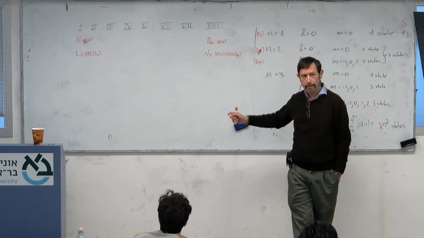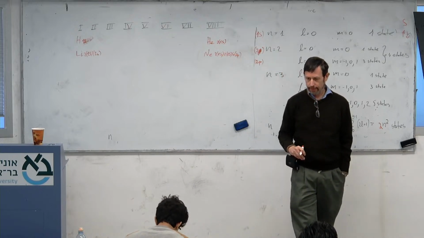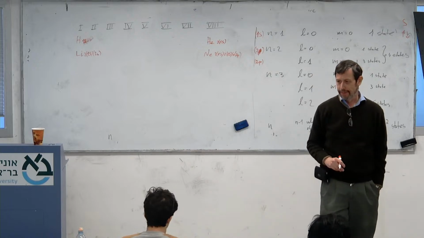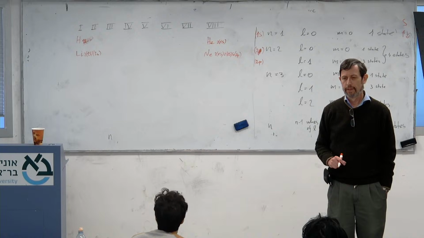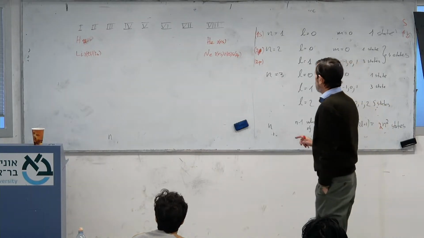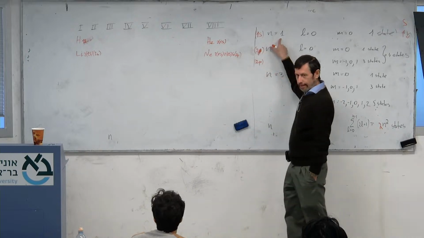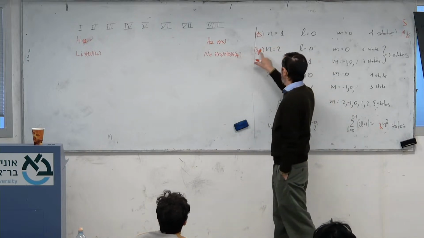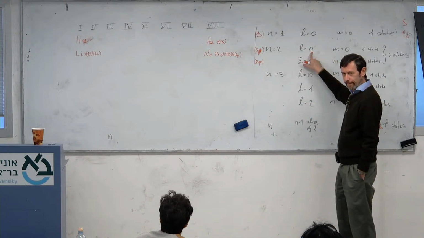A good periodic table gives you these fields. Why are there 2 in 1s? 2 in 1s, 2 in n equal 2, L equals 0.